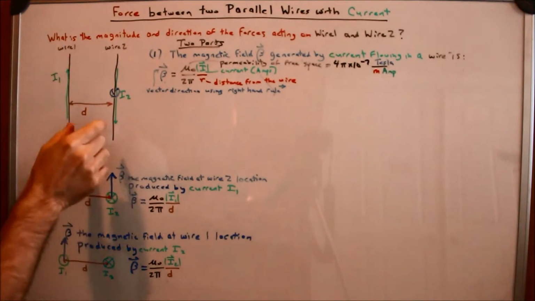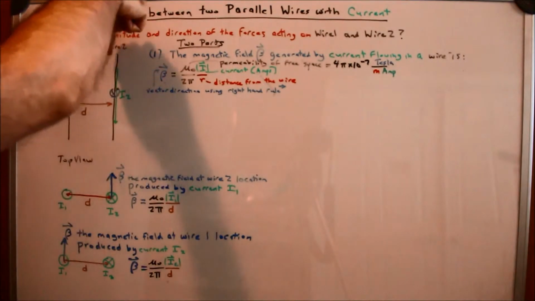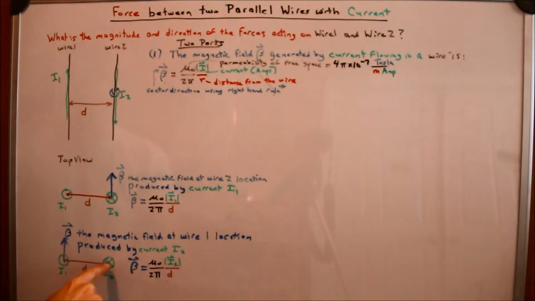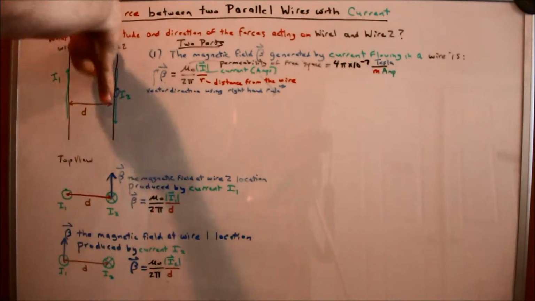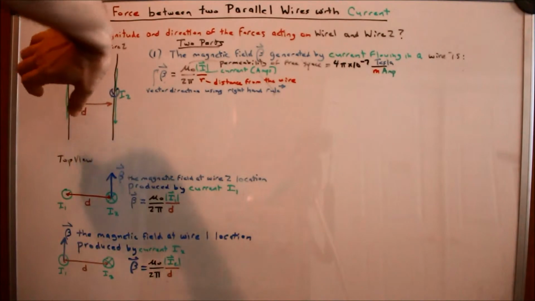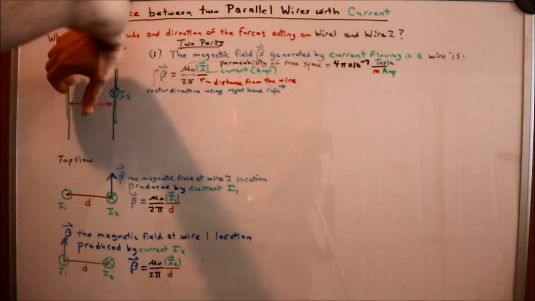Okay, so now we know at the location of this second wire what the magnetic field created by wire 1 is. Now let's do the opposite. So now in this one I have the current flowing downward, which is into the board at location 2. What's the magnetic field produced at the location where wire 1 happens to be, caused by this one? So current's flowing down, so right-hand rule, put the thumb in the direction of the current and spin around.